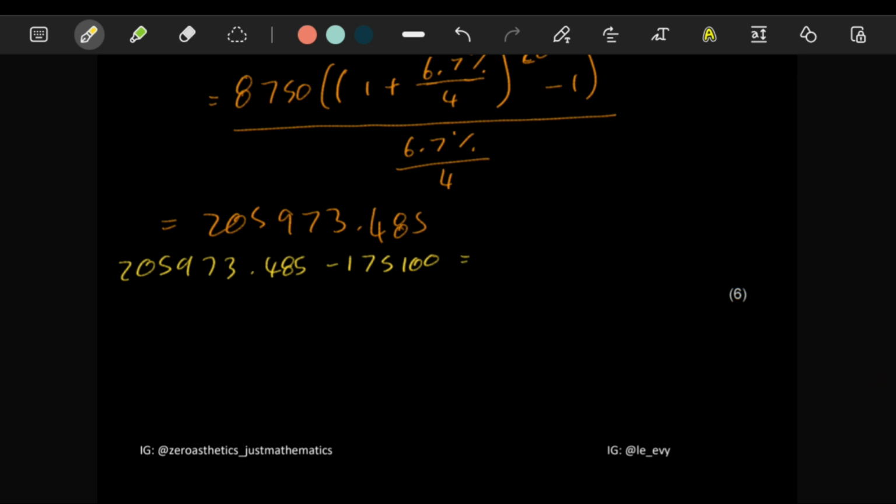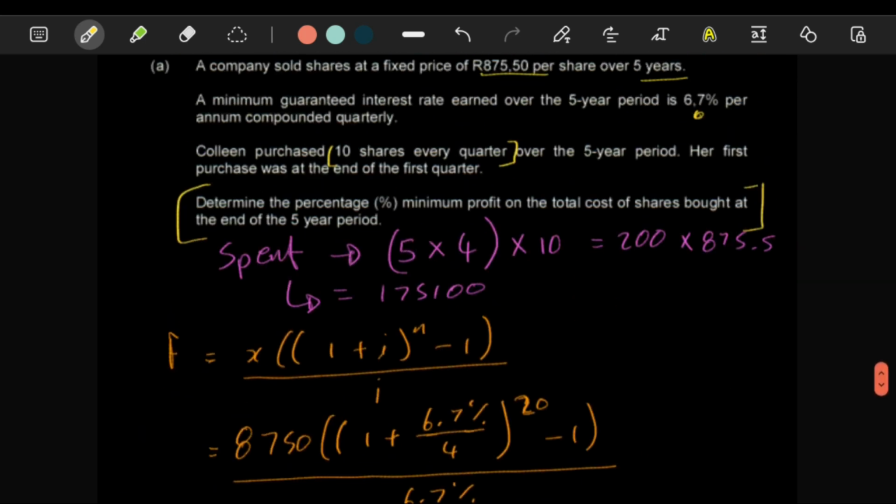Let's see how much profit she made in money. Remember, we're going to work out how much she made in profit and then the percentage afterwards. So in the calculator, this is giving us 30,873.485. So let's read the question again.